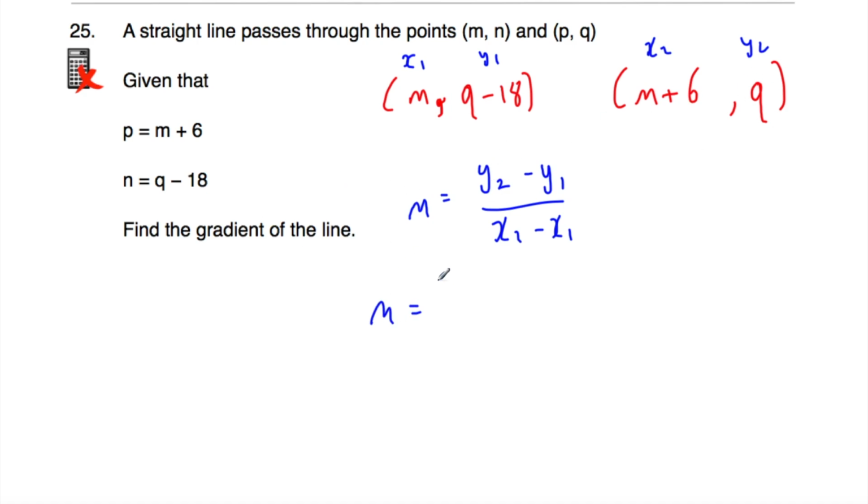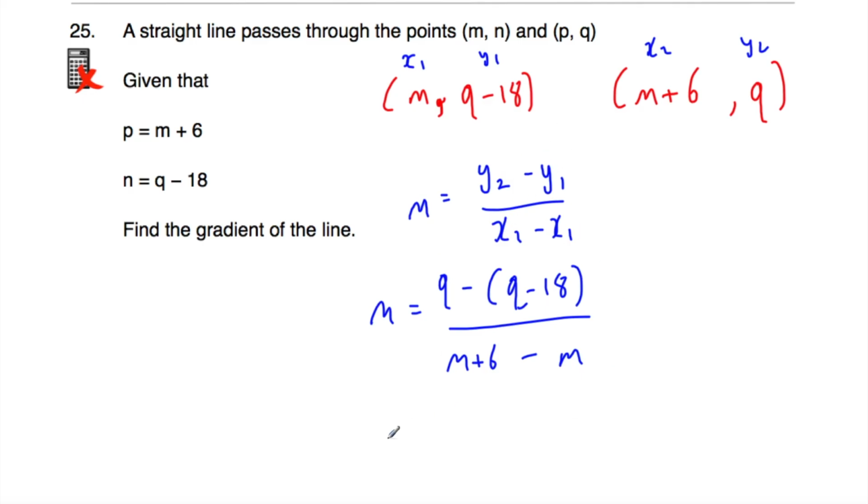So y2 is equal to q, minus y1, and I'm going to put it in brackets, q minus 18. And then in terms of our denominator, we've got x2, that's m plus 6, and then we're taking away x1, which is m, so minus m. So we've just substituted our values for y2, y1, x2 and x1.